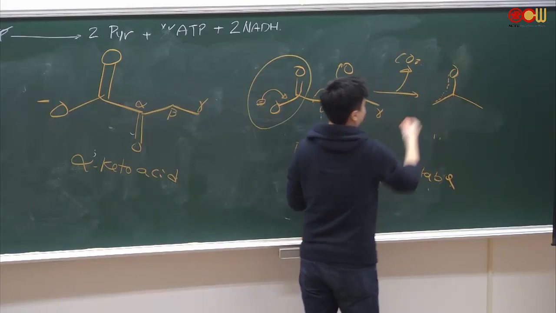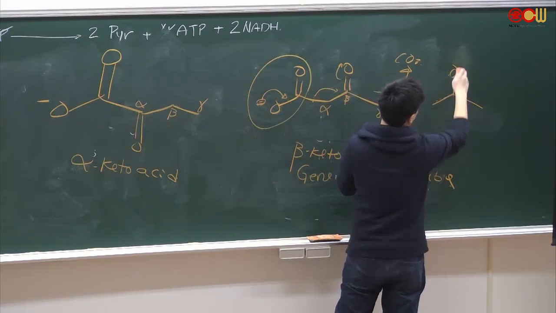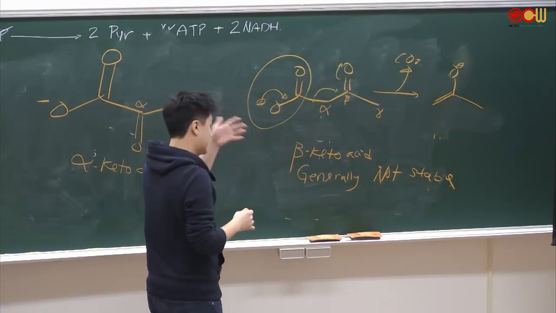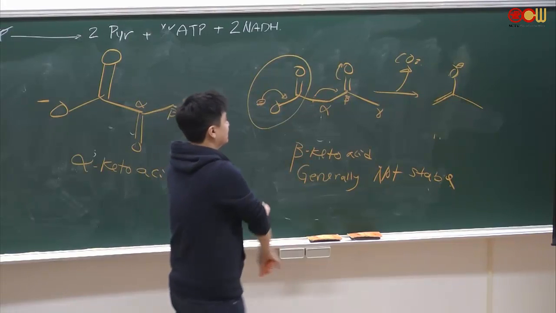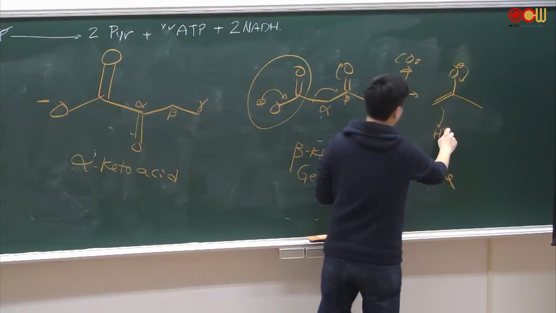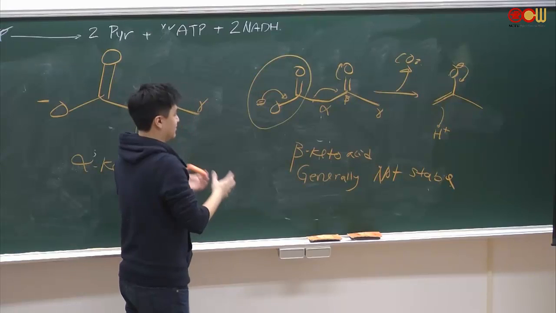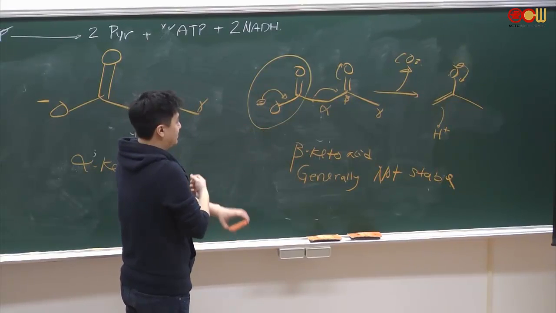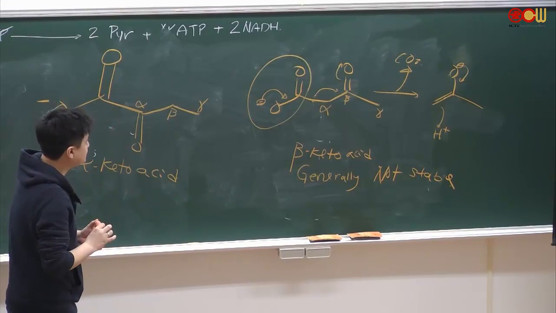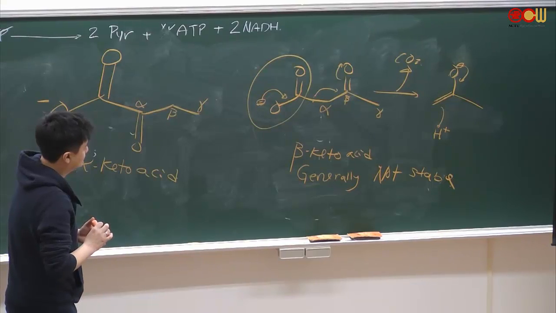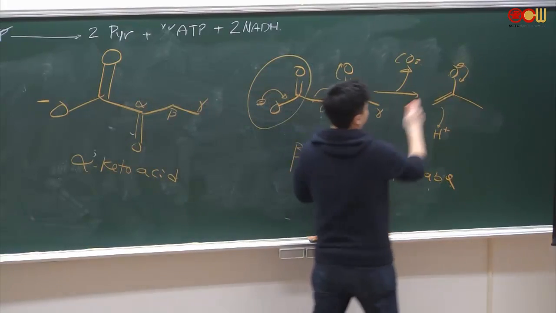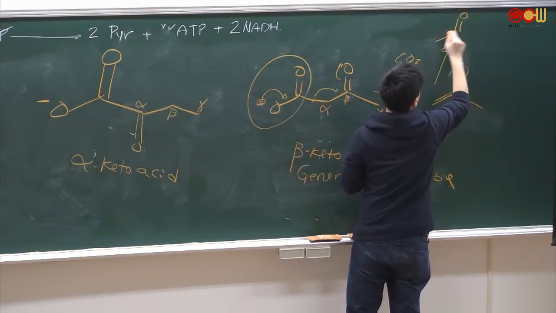You have a stabilized enolate, and that can easily grab a proton in the solution, and then what you generate is CO2. So beta keto acids in general are not very stable. If you take this structure, it will spontaneously decarboxylate to acetone.